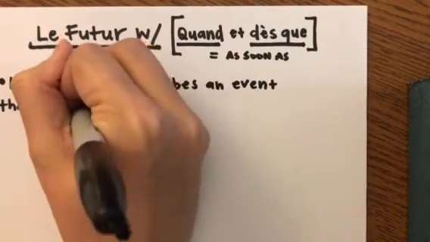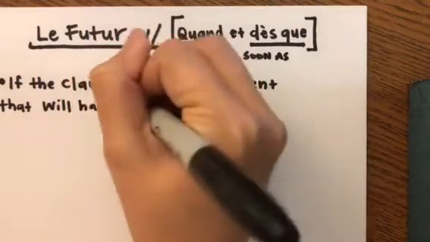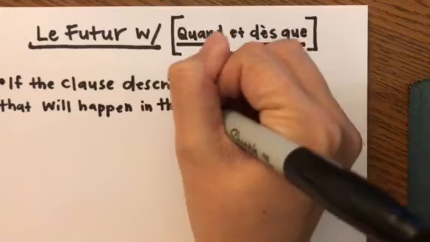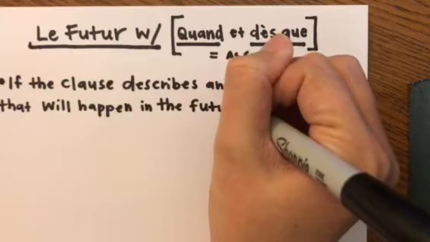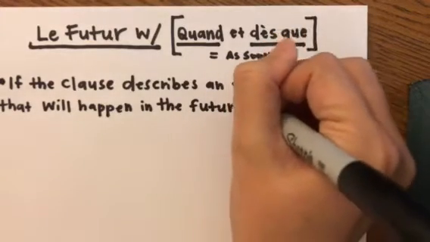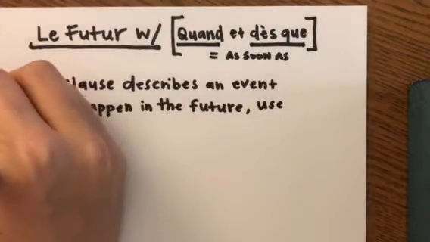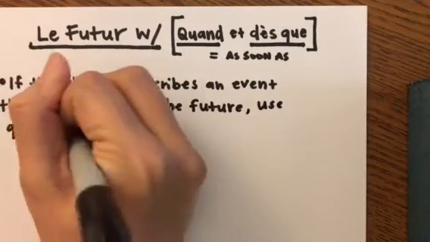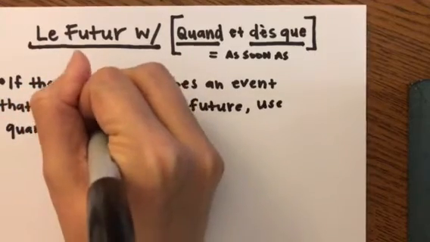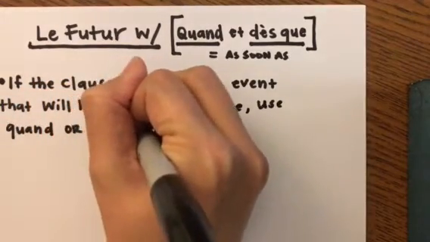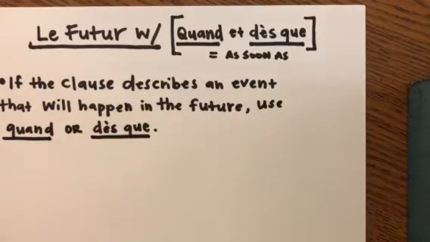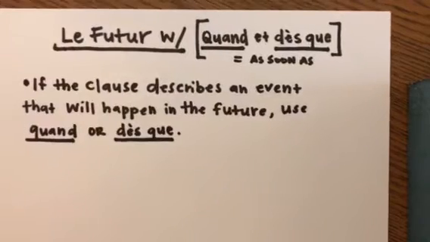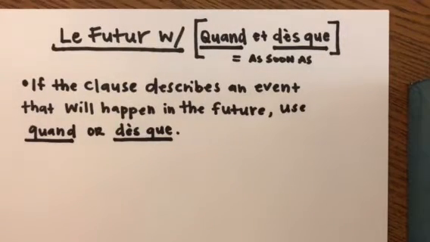So we're talking about the future. This is how you'll know when to use quand and dès que. The key here is the will happen in the future.